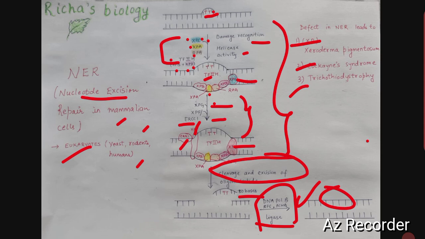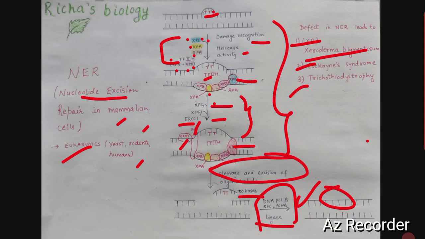So first is xeroderma pigmentosum. It is a rare genetic disorder, I must tell you, that affects approximately 1 in 2 lakh people. Individuals with this disease are extremely sensitive to UV light and develop multiple skin cancers on their bodies that are exposed to sunlight. So this is XP, that is xeroderma pigmentosum.